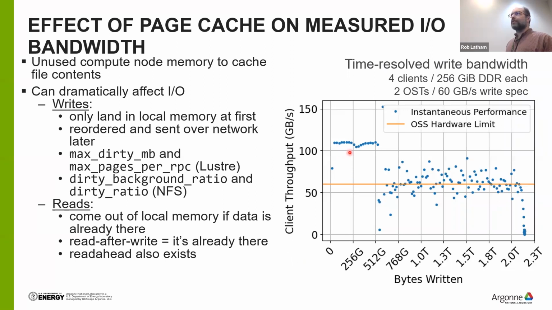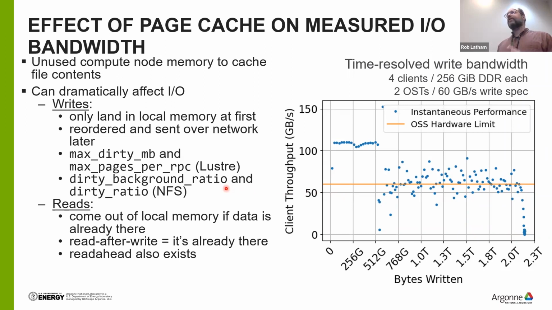Now this is measuring memory bandwidth, not really measuring file system bandwidth. And as we get larger amounts of data here, we're getting to a more realistic number, more like what the file system has been spec'd out to deliver. Now, if you get really big, then we're hitting swap, and it can be pretty slow.